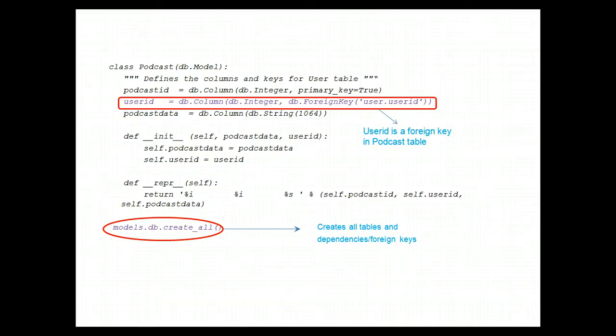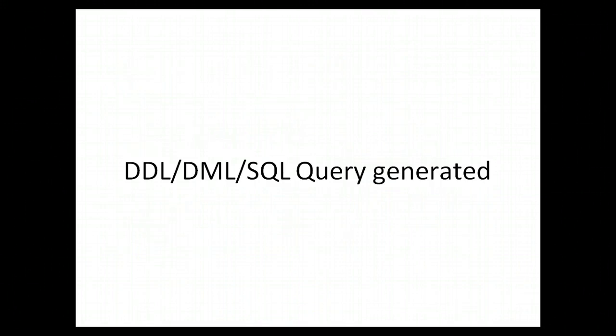While it does that, we do need to invoke the create all method to actually go on and create the tables. Before that, it only makes a note of the things that it needs to do. Once the create all method is invoked, that is when the tables are actually created and the mapping between the classes and the tables made.